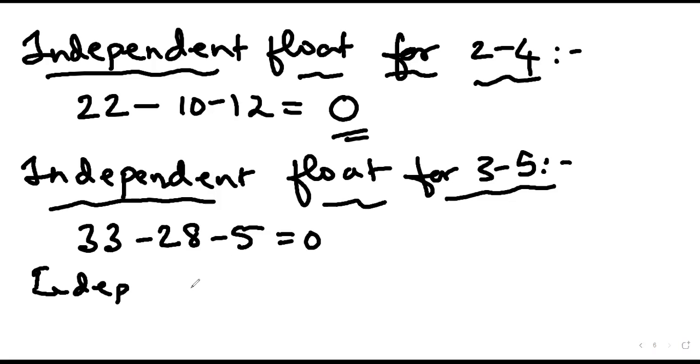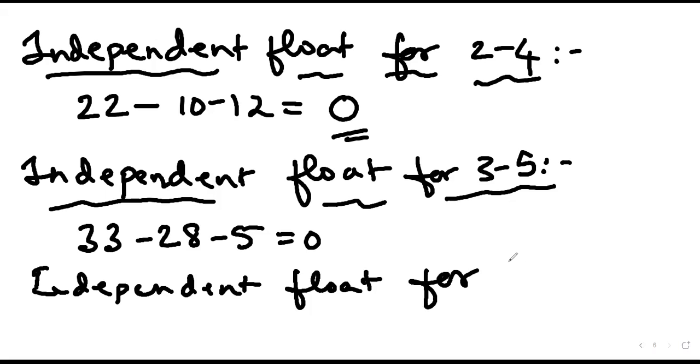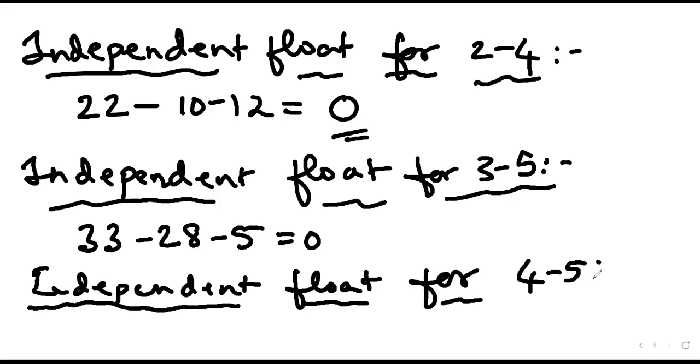Independent float, next activity: 4-5. What is the value? 33 minus 23 minus 10.